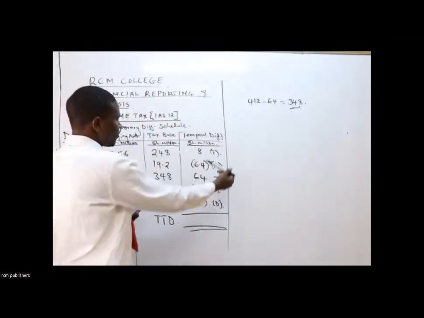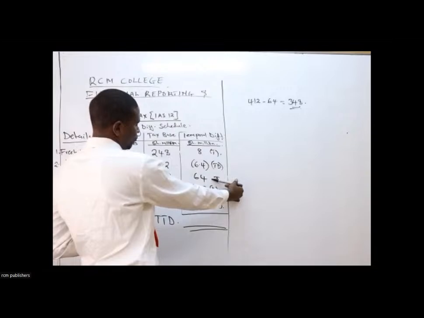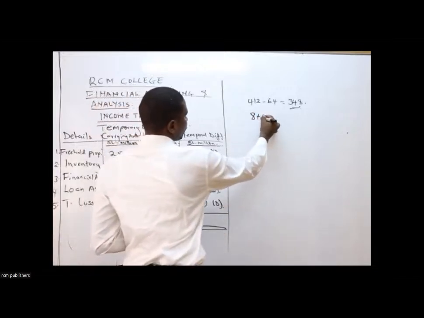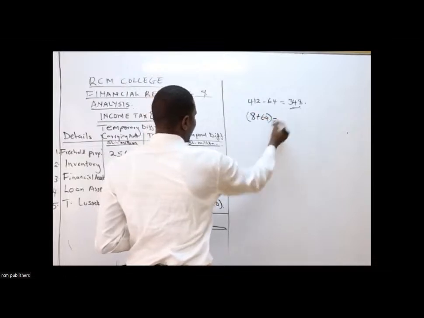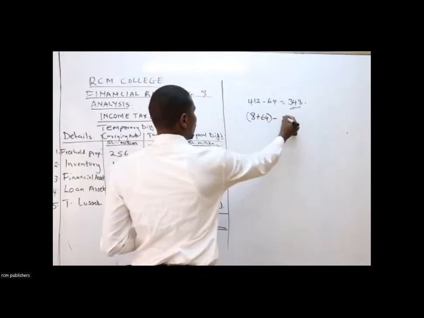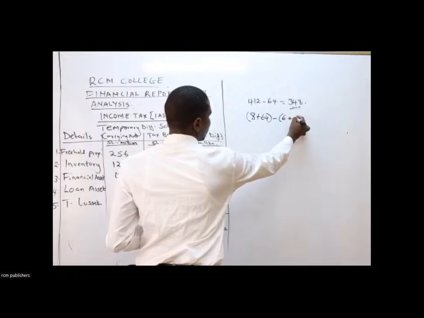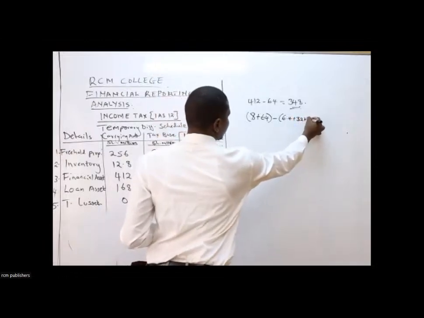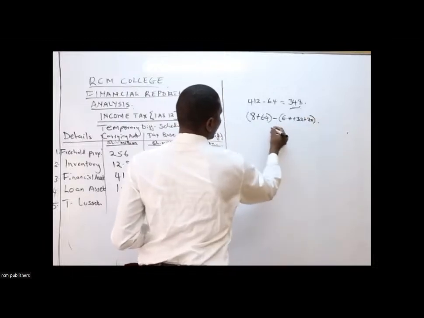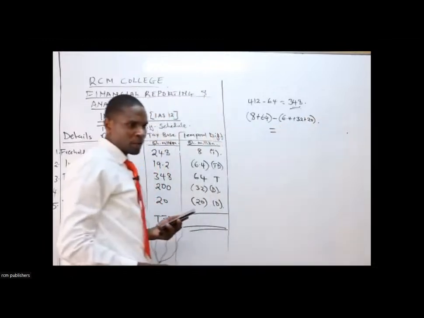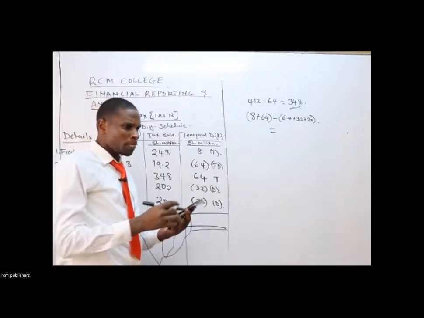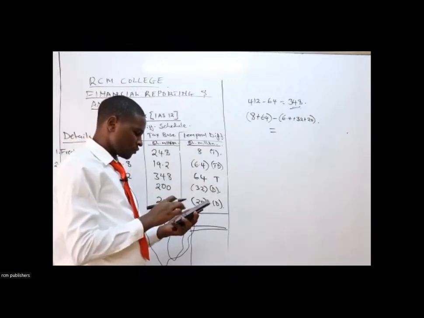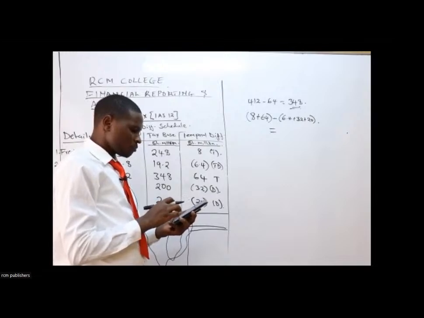Total of this: I have 8 plus 64, and then minus 6.4, minus 32, minus 20.